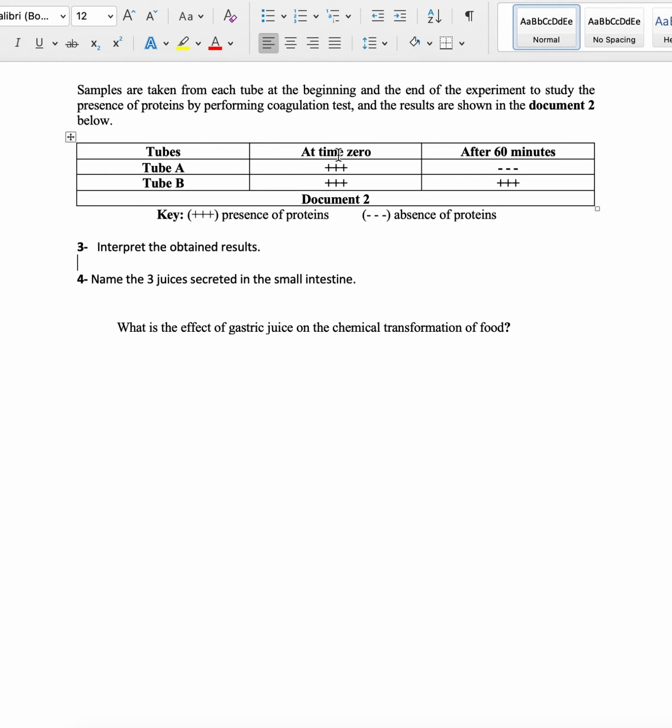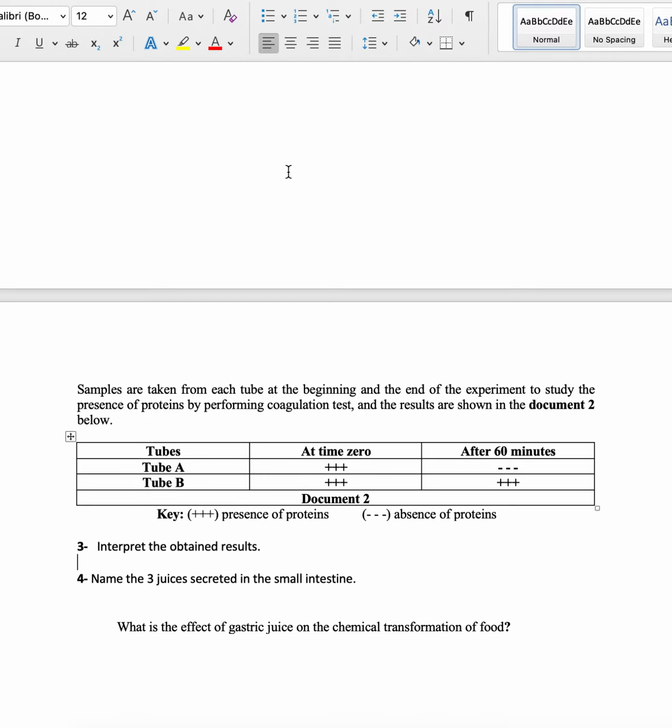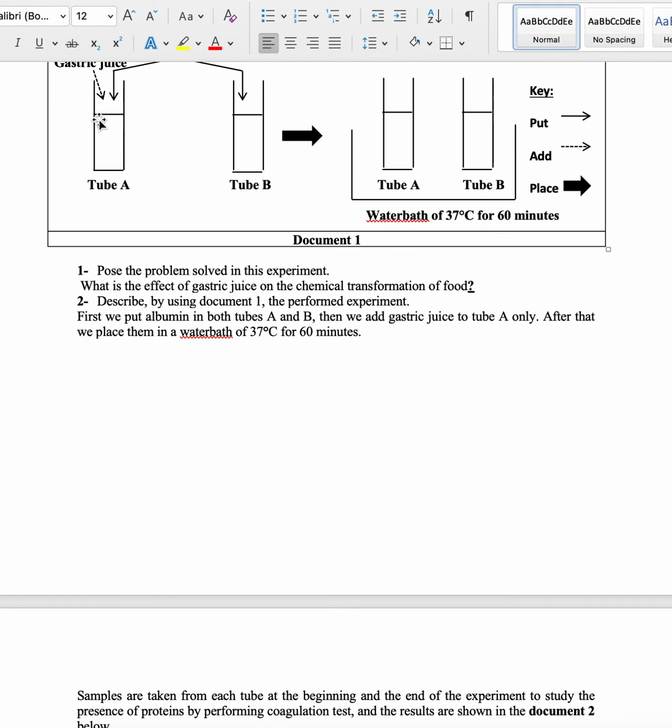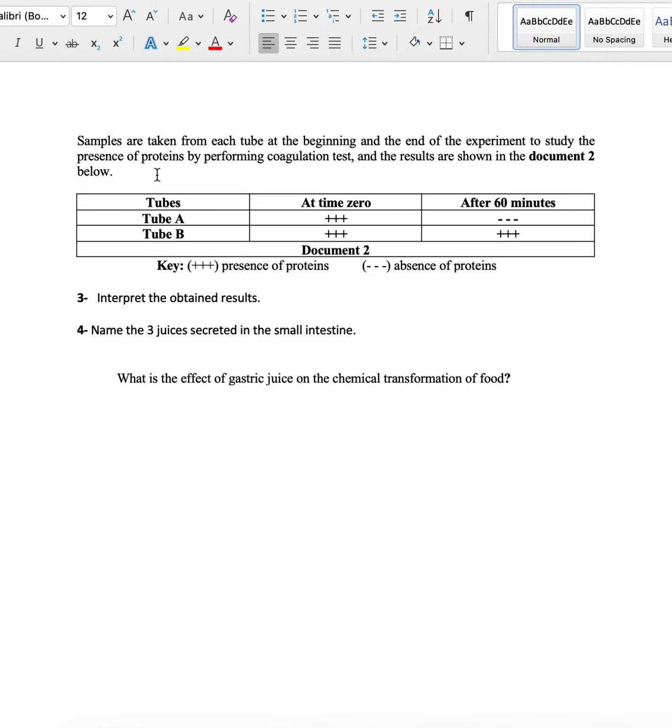I have to analyze these results and don't forget to use the variable factor from this document here, which is the gastric juice. By the way, without the variable factor the whole interpretation is lost, and the significance I will deduce will be related to the gastric juice. What is it doing under the same conditions? What are the same conditions?